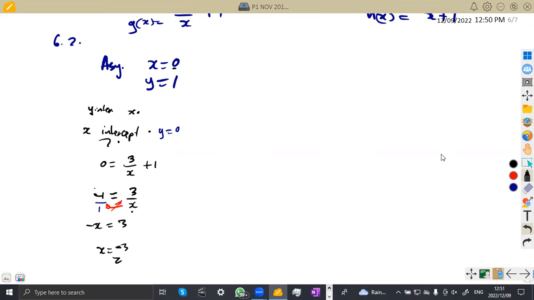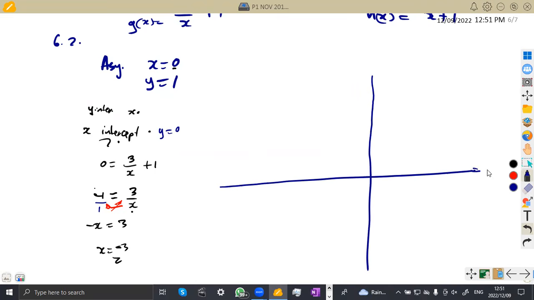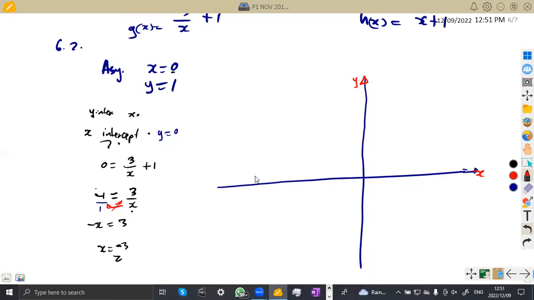So let's start with this function. This is a sketch, but you are supposed to have something nicer than this. What we need first is the shape of the hyperbola, and also the asymptotes.